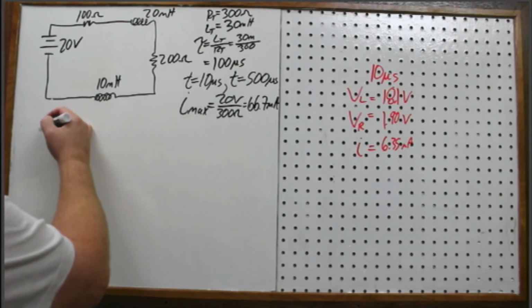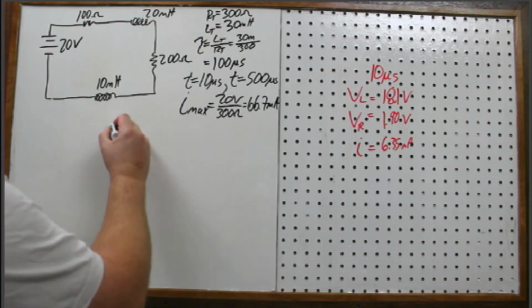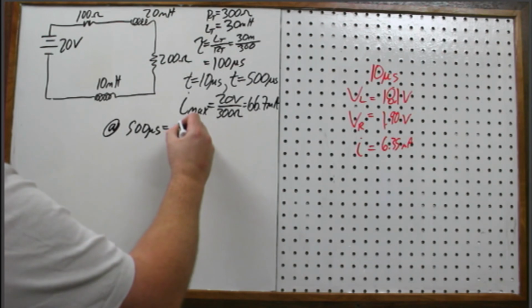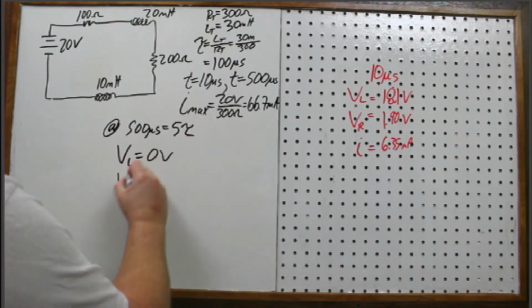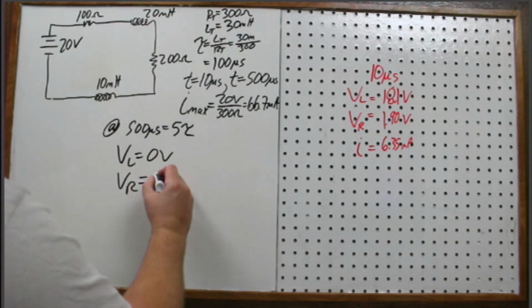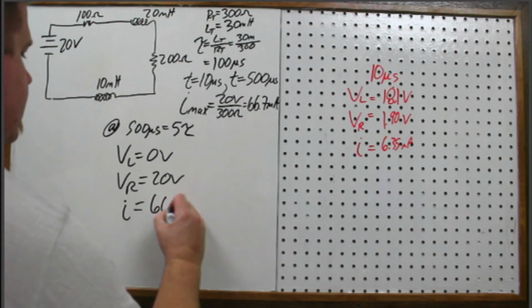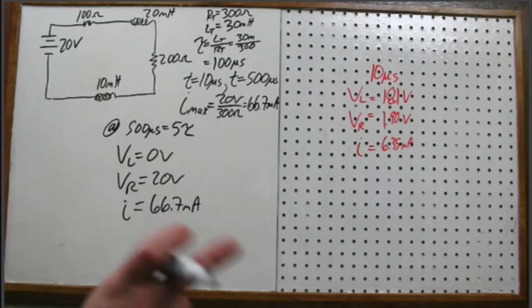Okay, so here's the thing. I could go ahead and say that at 500 microseconds, which is 5 tau, the voltage on the inductor is 0, the voltage on the resistor is 20 volts, and the current is 66.7 milliamps. And technically, I would be correct.